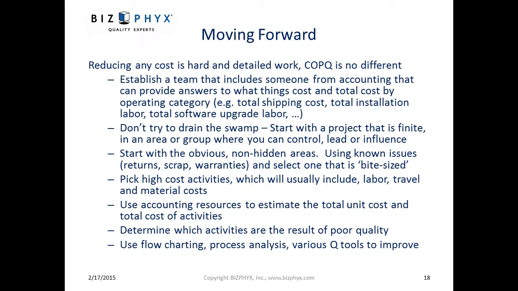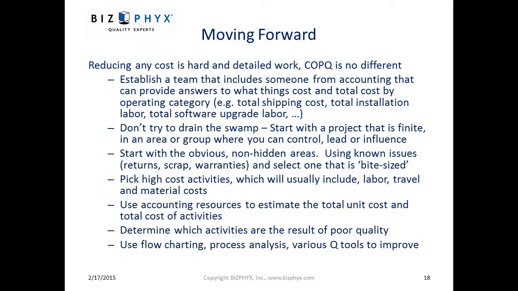Don't drain the swamp. Start with one project and in an area that you have influence and can get cooperation. Start with your obvious costs, those non-hidden areas in the iceberg. Use a known issue like returns or scrap or warranties. Pick one that's actually bite-sized that you can actually work on.